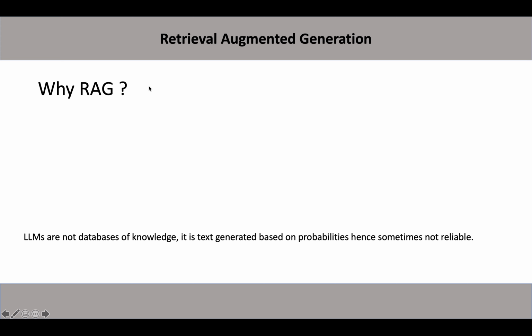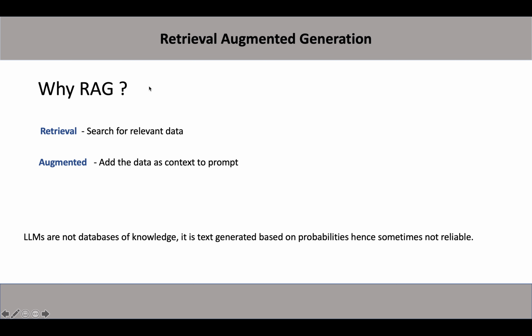So, in order to overcome these two major limitations, we use RAG. The first one, retrieval, search for the relevant data. The second one is the augmented.